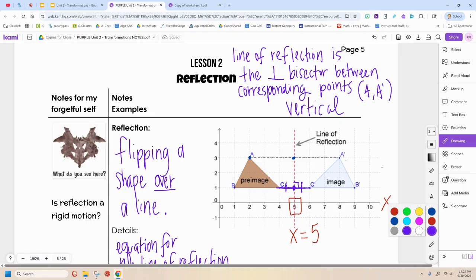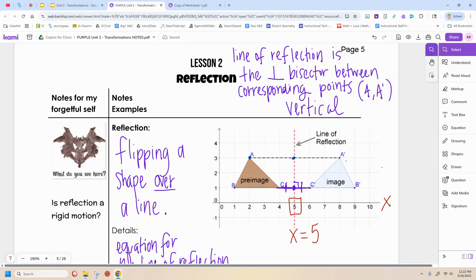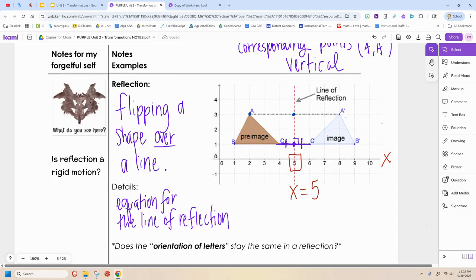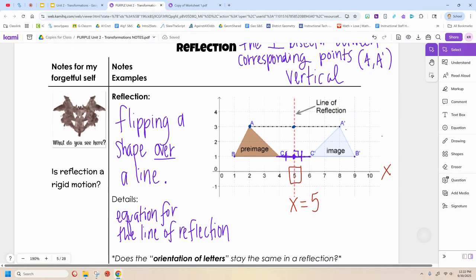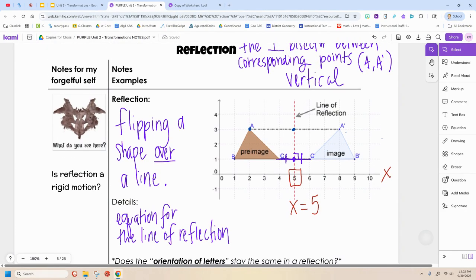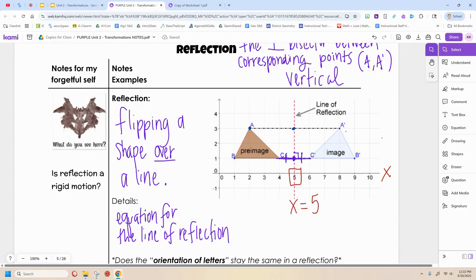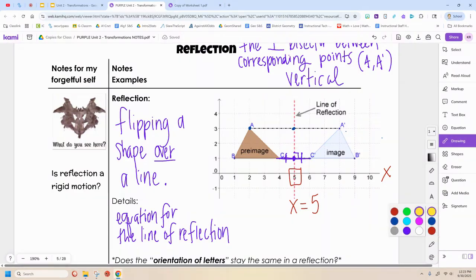One more thing in this area before we move on. Let's look at those letters around the shape. Remember we talked about the letters naming the shape, called the orientation. If I go around the pre-image, it goes A, B, C. What direction am I going in?